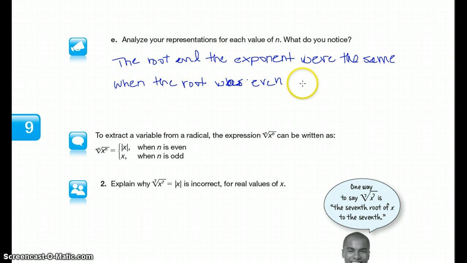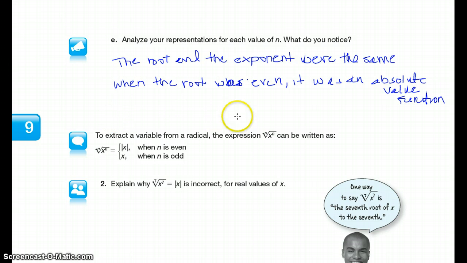When the root was even, it simplified, or we saw when it was even, it was an absolute value function. What happened when the root was odd? Well, I hope that when you saw that the root was odd, we had linear functions, like the 3 and the 5.